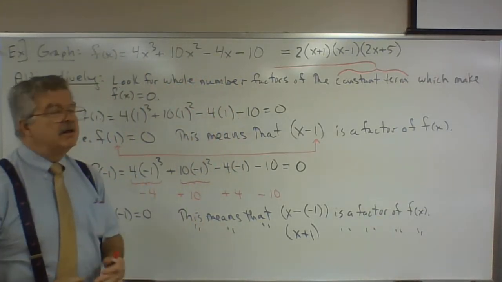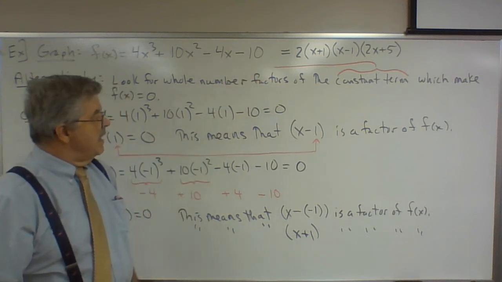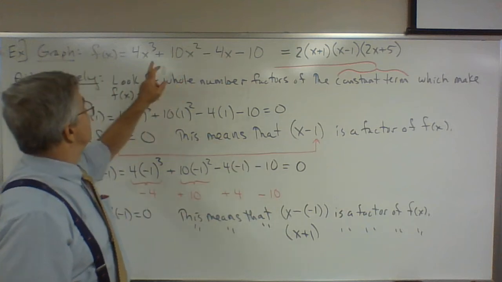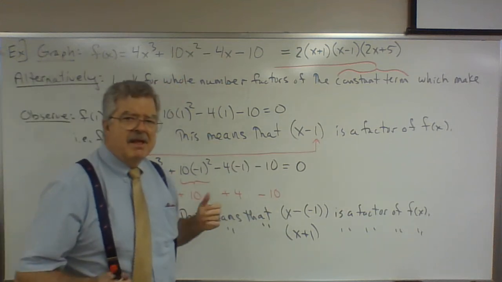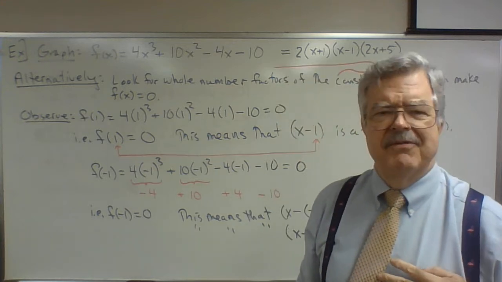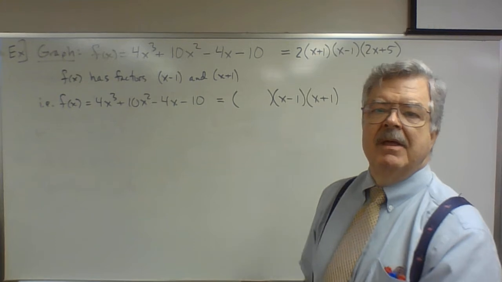We've plugged in all of the whole number factors of negative 10, and that helped us get 2 factors of f of x. The third factor we're going to have to figure out on our own.